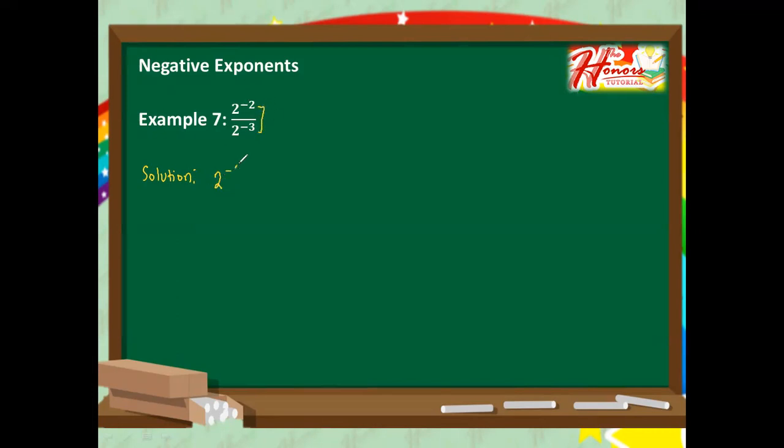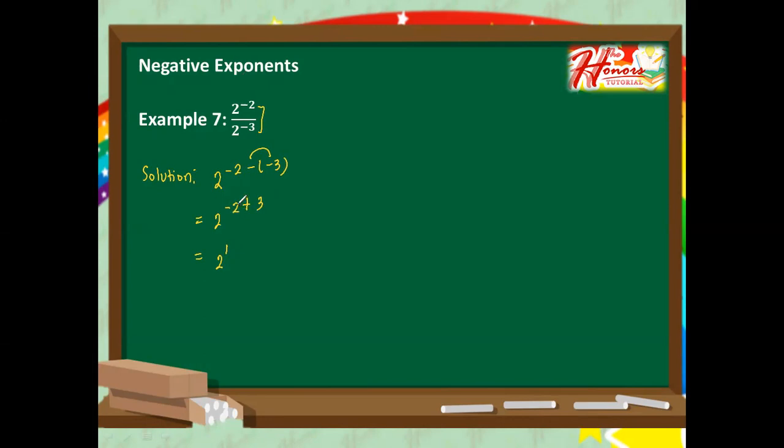So we have here negative 2 minus negative 3. And then let's simplify this because we have here negative and negative. Let's multiply it. So negative times negative is positive, so plus 3. So that's 2 raised to 1 because negative 2 plus 3 is 1.